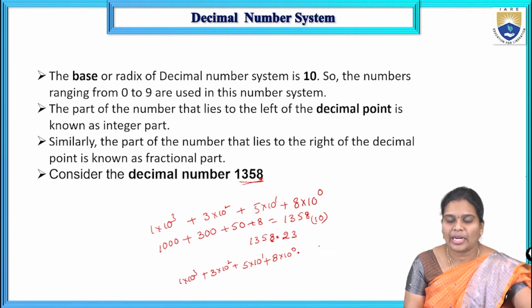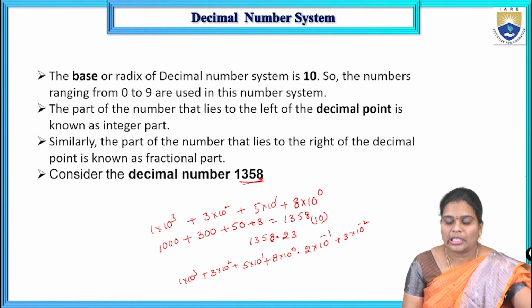On the right side we write 2 into 10 power minus 1. That means in the right side fractional values we multiply with r power minus 1, where the base value is 10. So 2 into 10 power minus 1 plus 3 into 10 power minus 2.